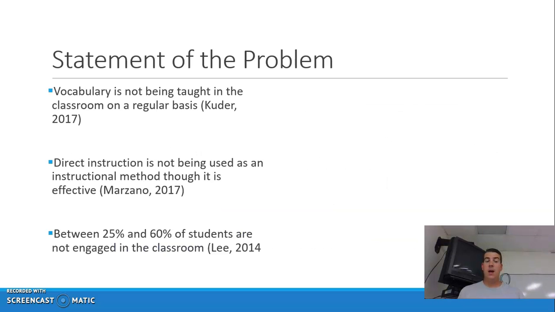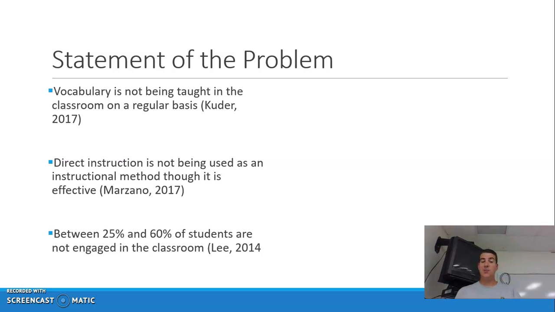So, when it comes to why this is a problem, I broke down my study into three parts: vocabulary, direct instruction, and engagement. When it comes to vocabulary, it's not being taught in classrooms on a regular basis. Students are expected to learn new vocabulary words through things like reading a textbook.